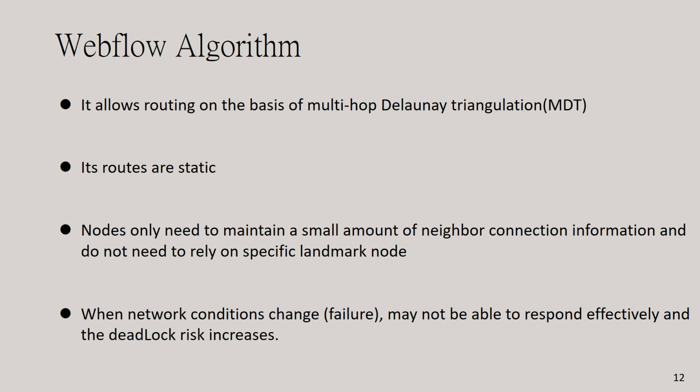Due to the static nature of the routing, it may struggle to effectively respond to network changes, such as link saturation or failures. This can increase the risk of deadlock, as the algorithm doesn't dynamically adjust routes based on real-time network conditions.